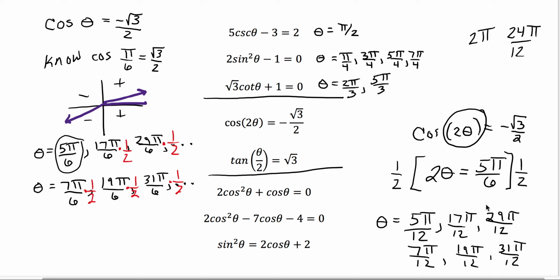So what that tells me is that this answer is too big and this answer is too big, but the other 4 are okay. All right, so my final answers here, we would have 5 pi over 12, 17 pi over 12, 7 pi over 12, and 19 pi over 12.